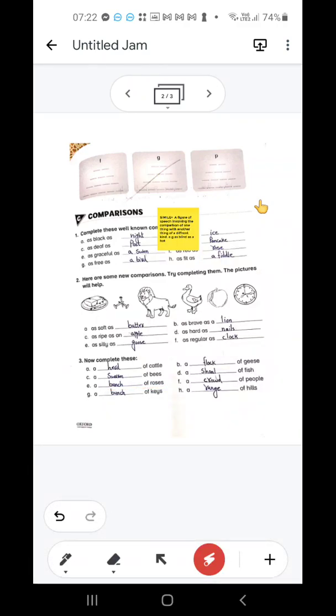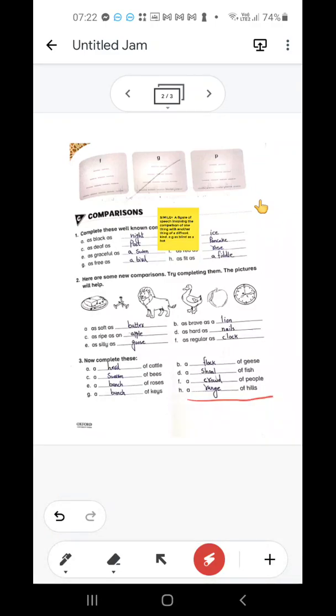Then a bunch of roses. Remember that bunch is a word that we usually use for a group of smallish objects like grapes, like flowers, like keys and bananas as well. So you see a bunch of roses and a bunch of keys. Then F is a crowd of people. We use the word crowd for a group of people.